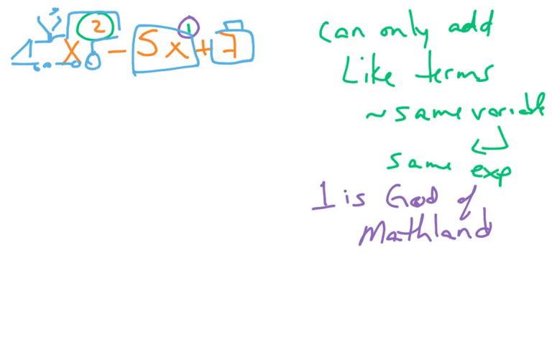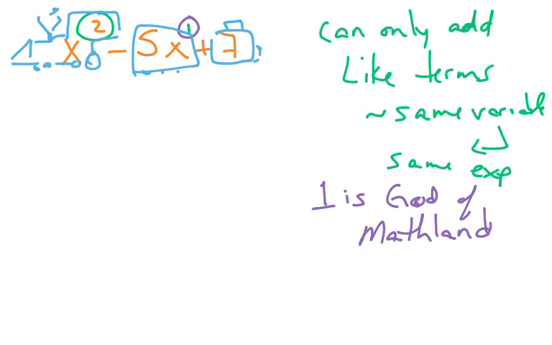Maybe that's my caboose. My constant is the caboose. So you don't put things that belong in the boxcar in with the caboose or in the locomotive. They're all separate types of train cars, and they're specific to a certain type of cargo. So the variable and the exponent is kind of like the label of what kind of train car you have.